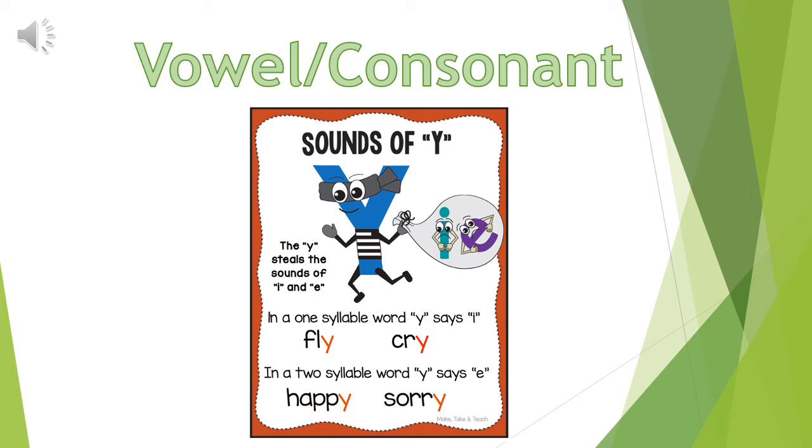Or, for example, happy or sorry. We hear that the Y has an E sound, and so it takes the place where an E would stand and it becomes a vowel.